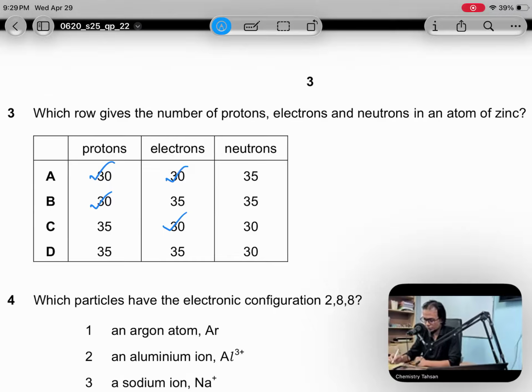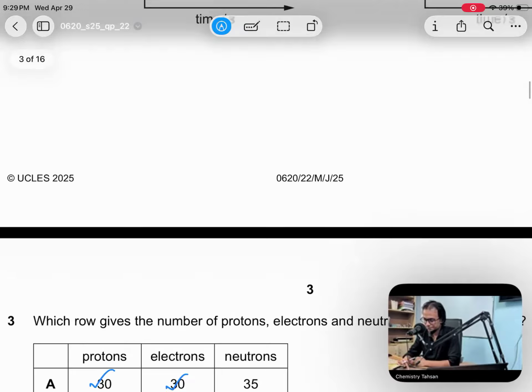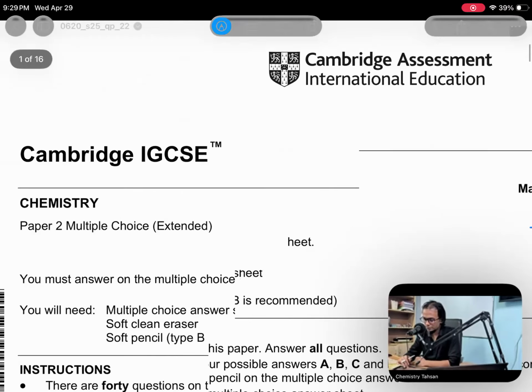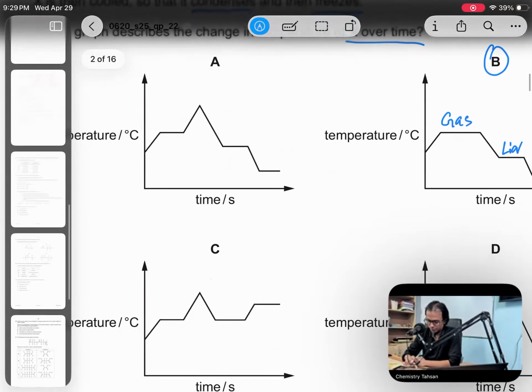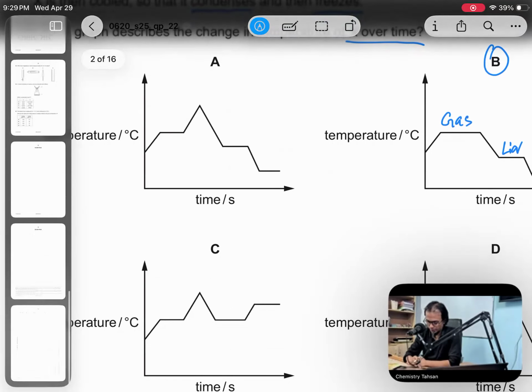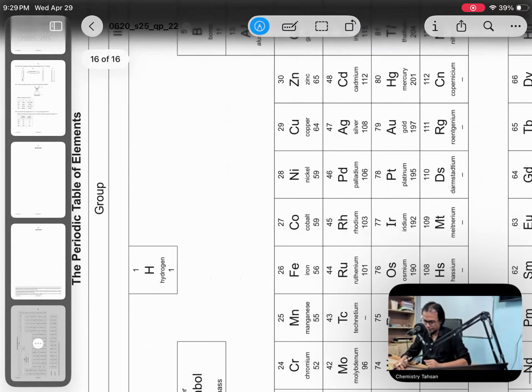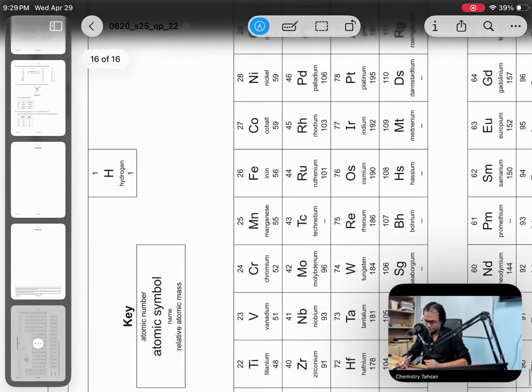If you look at the periodic table at the end of the book, question paper, so if you look at, so zinc, you see this one is zinc is 65.